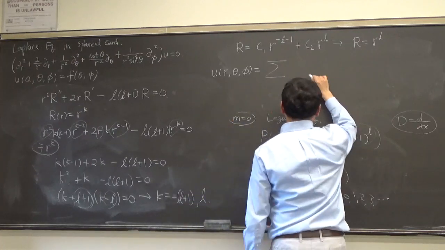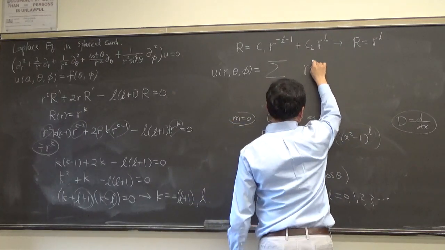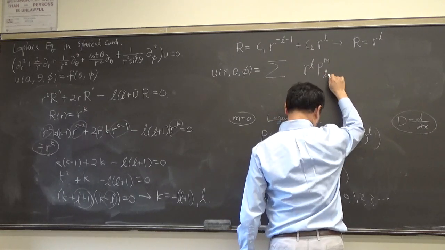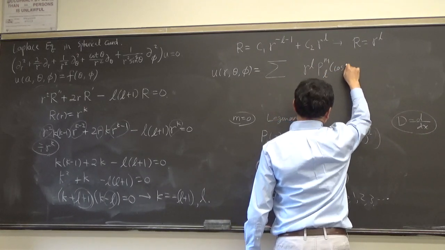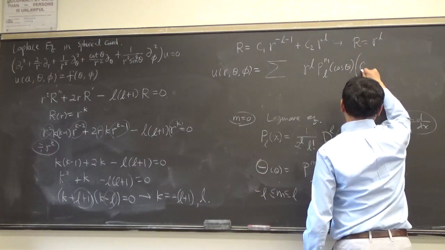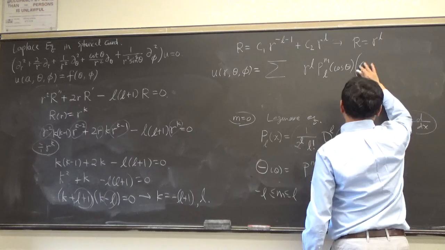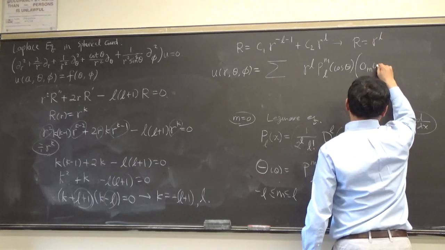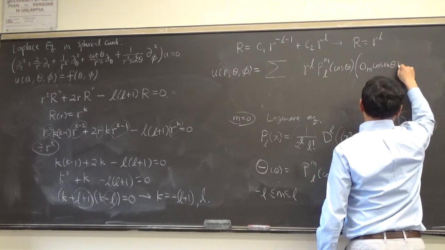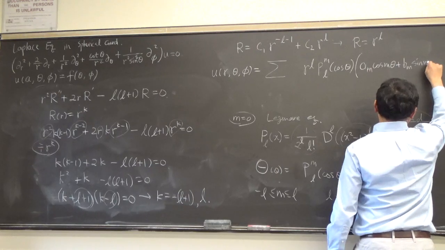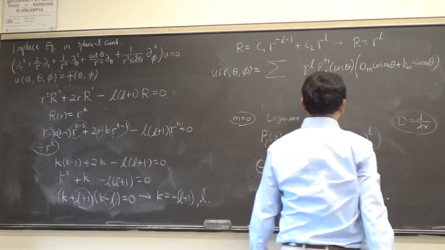Big sum of r to the l, P_l^m of cosine theta, and there's actually C1, so I'll use A and B: A_m cosine m phi plus B_m sine m phi.